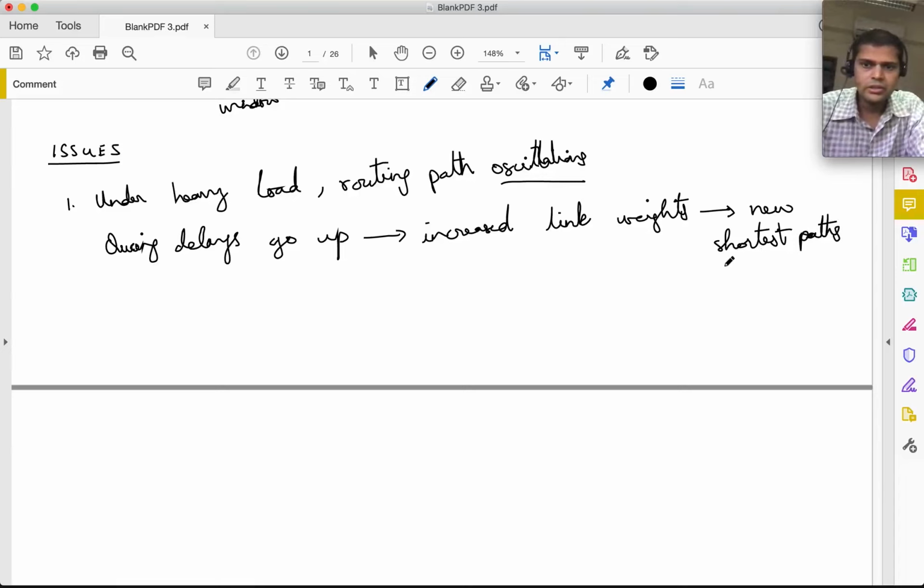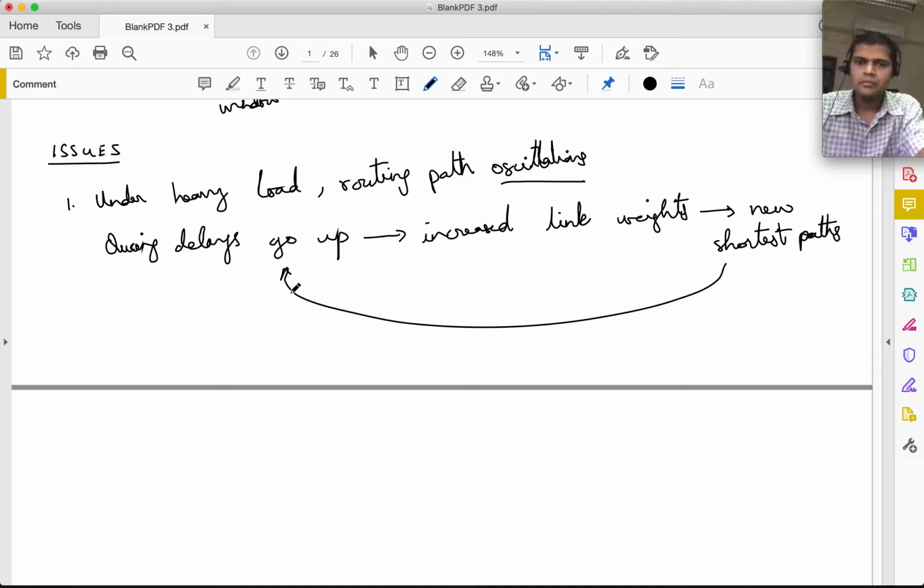And then on these shortest paths, the queuing delays go up. Okay, and on certain other links, the queuing delays will go down. So queuing delays go up, let's say, on paths used heavily. Okay, and this keeps continuing. You keep computing new shortest paths.